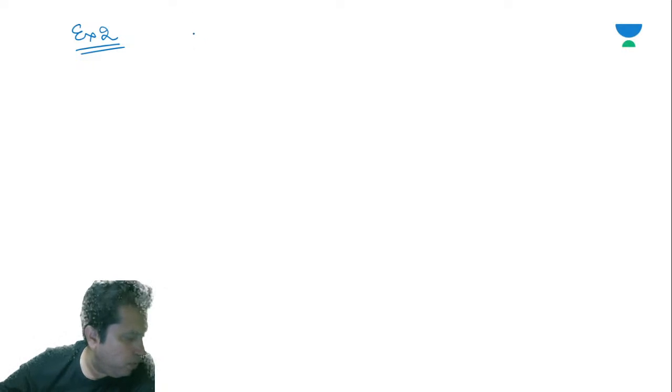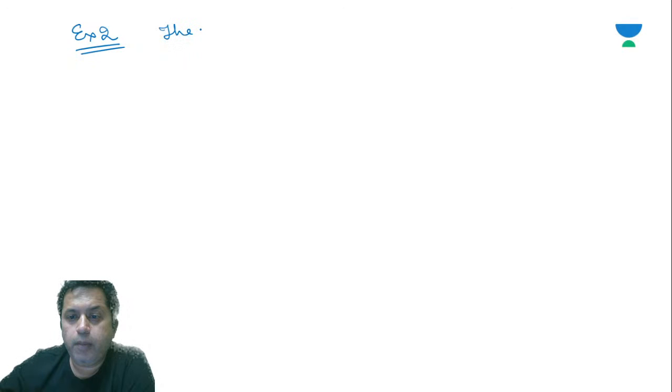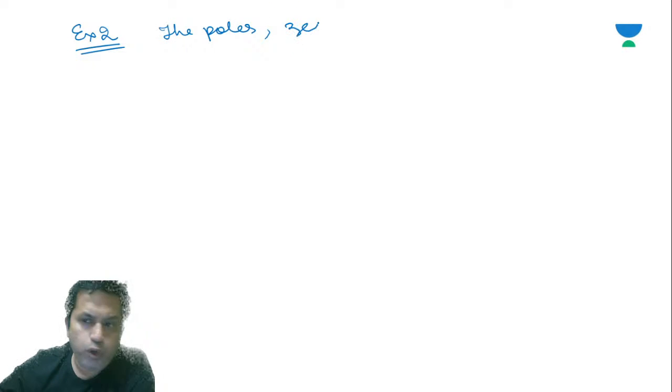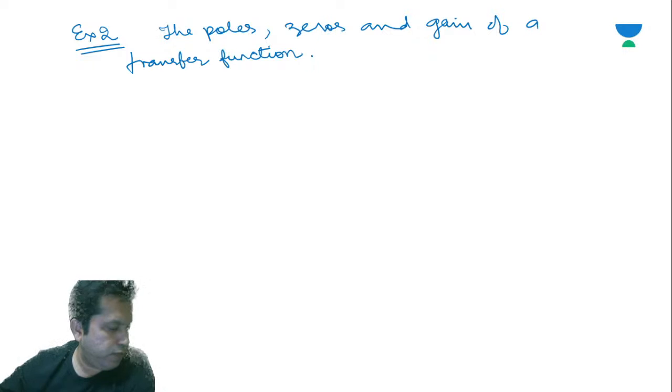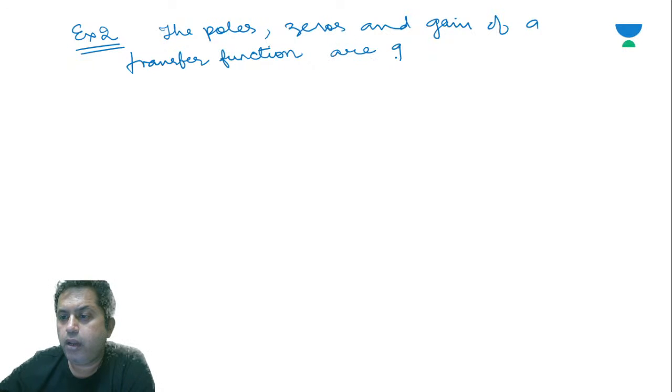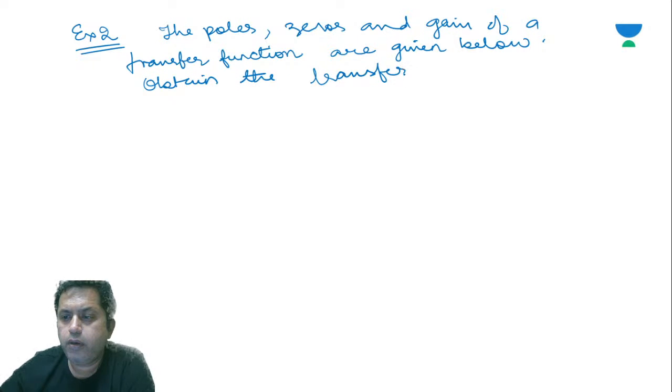The poles, zeros and gain of a transfer function are given below. Obtain the transfer function.